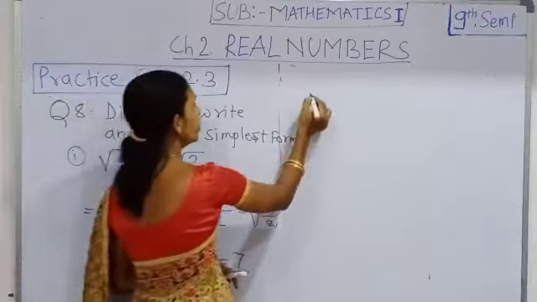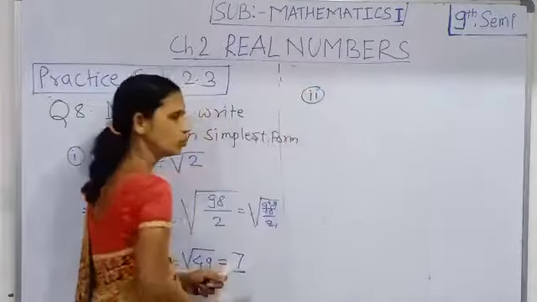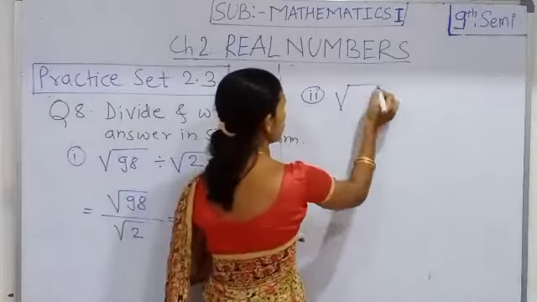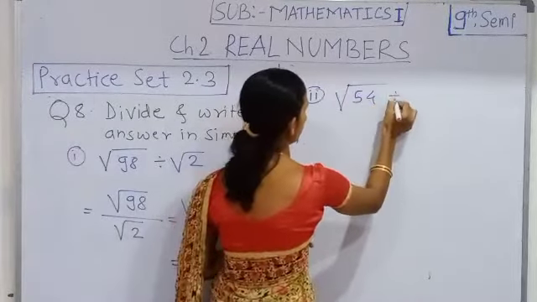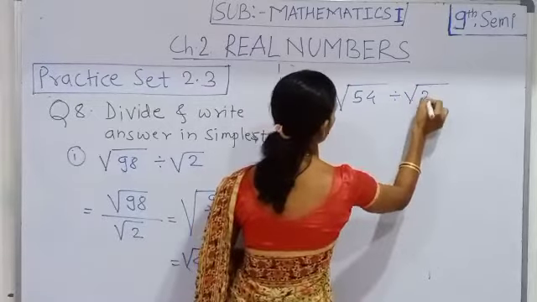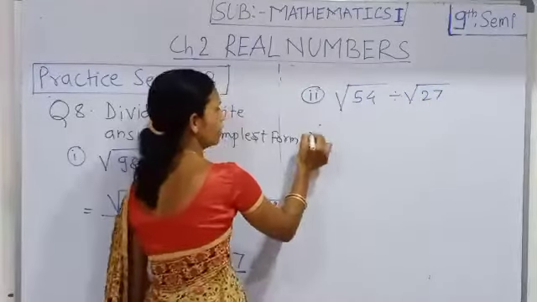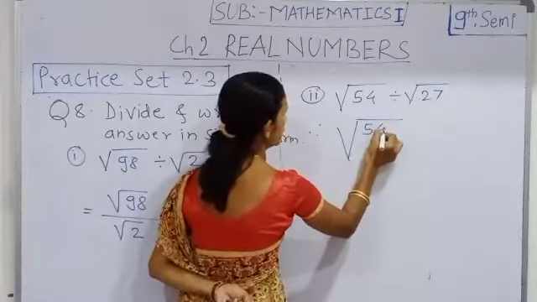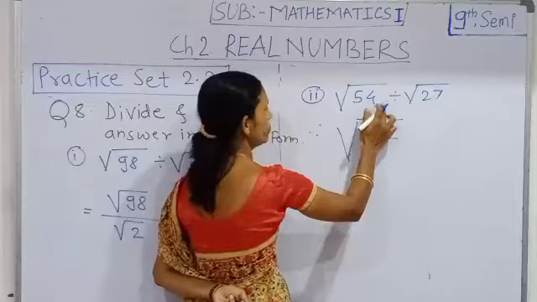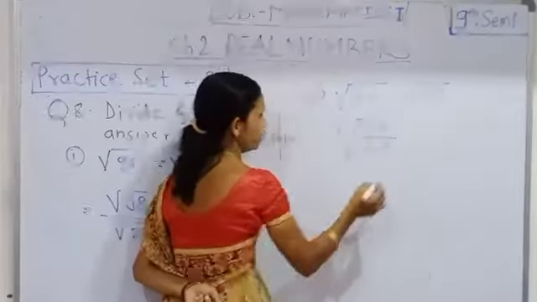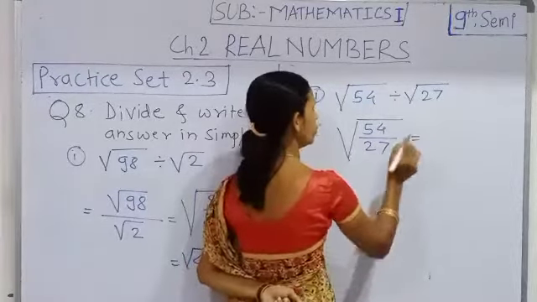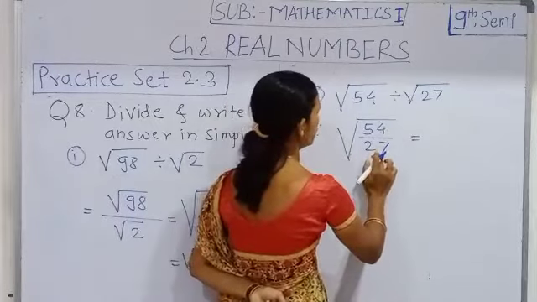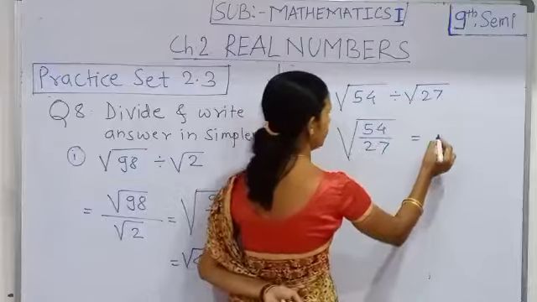As well as one more example given here, that is root 54 divided by root 27. The same example is written in the form of root 54 upon 27. Then all of you know that 27 2s are 54.